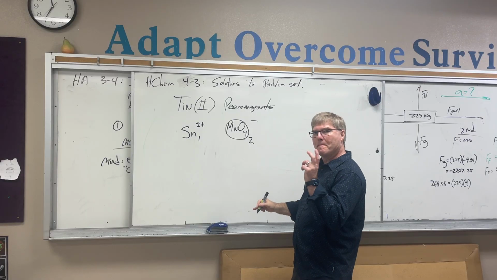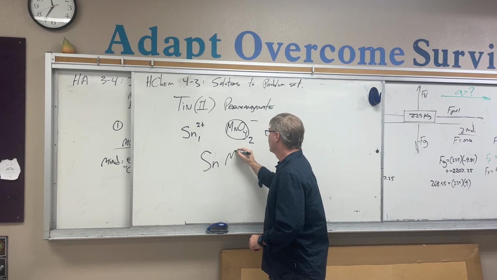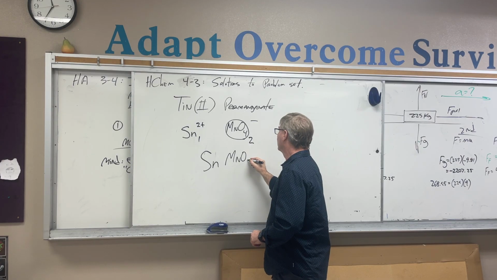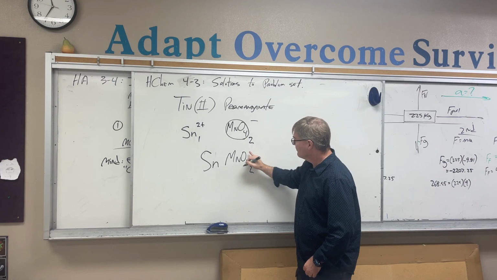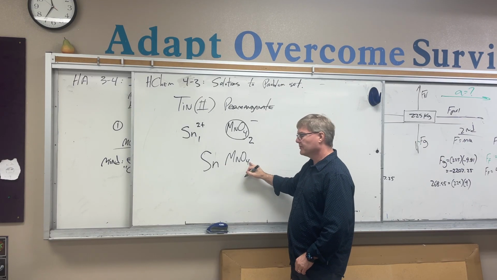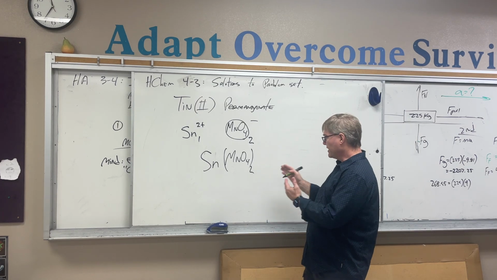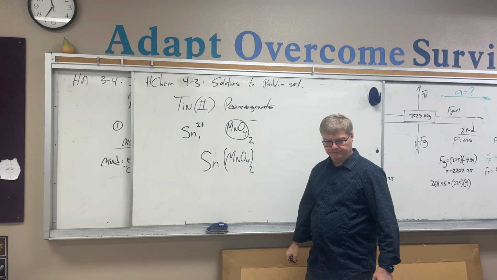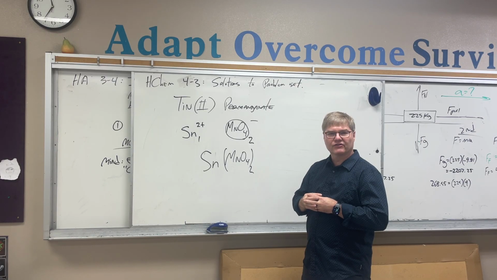So the ratio must be Sn, then permanganate. There are 2 of these permanganates for one of those tins. Now I've got a subscript of a subscript here. It's a parentheses, and I now have the formula. Next, we're going to do iron 3 phosphide.